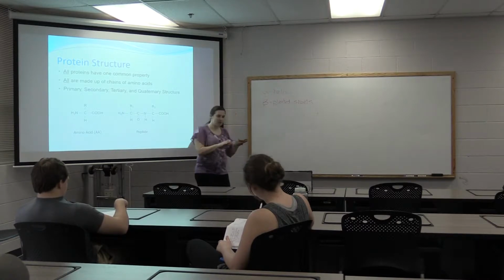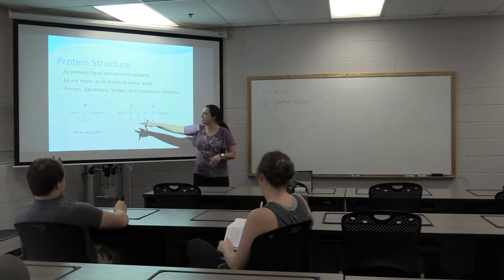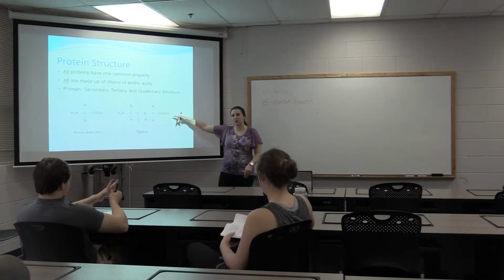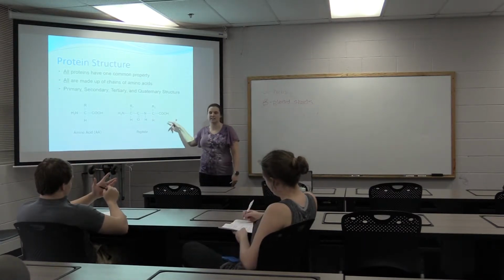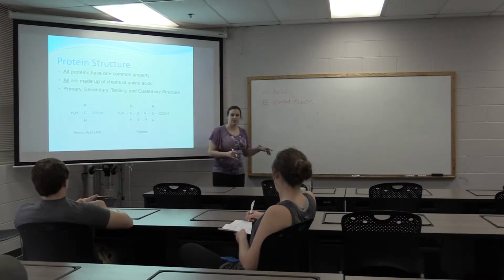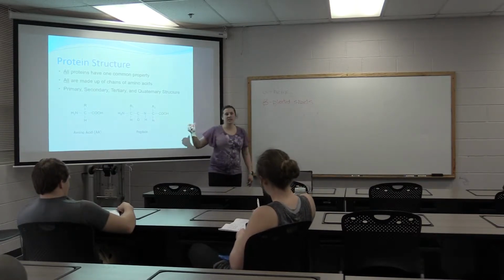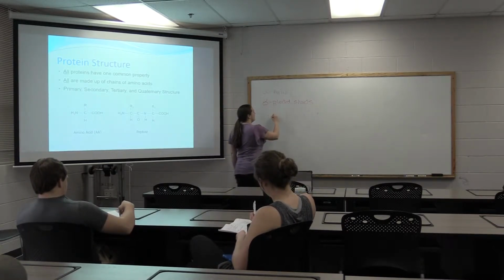So you end up getting more of a two-dimensional shape. Primary is this long chain. Once you get more than 20 amino acids, those amino acids are going to start interacting with each other. And those things that are interacting are going to be these hydrogens, and you end up getting hydrogen bonds.